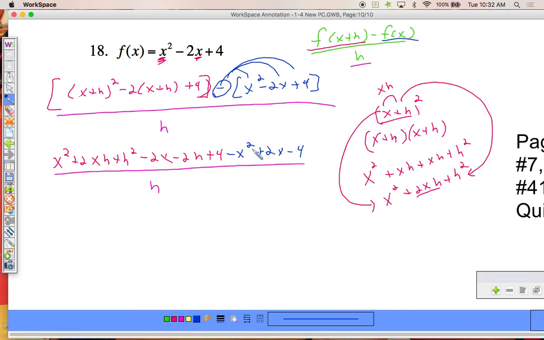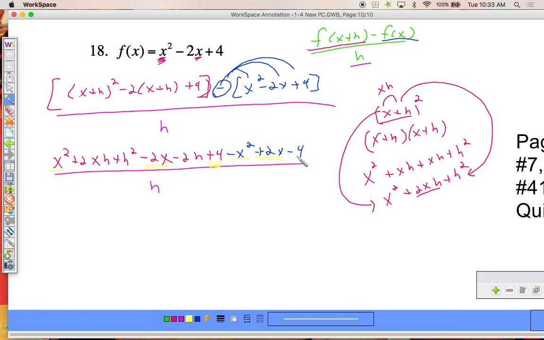All right, as we do these, once I clean up all the stuff on the top, the rule needs to be: if there's no h in it, it needs to disappear. And I'll show you, x squared minus x squared is gone. That has an h in it, so it's going to stay. Negative 2x plus 2x, gone.